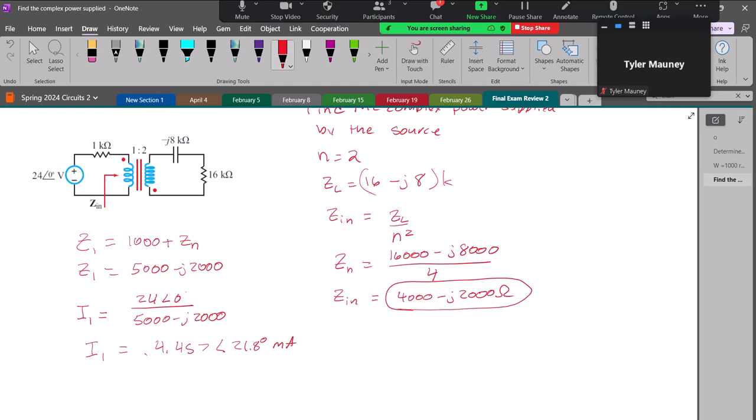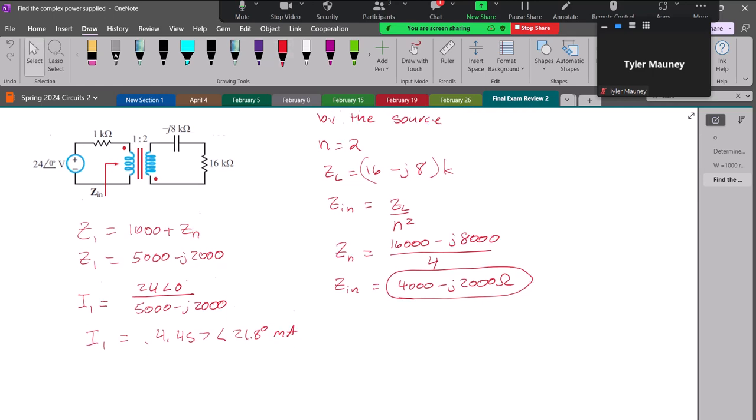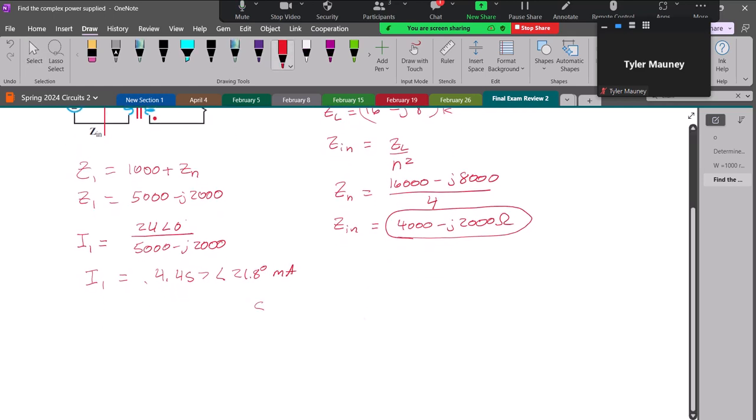And I'm supposed to be looking for the power supplied. I now have the current that's going through the voltage source. And so my power is going to be 1/2 V times I conjugate. So that'll be 1/2 times V, which is 24 angle 0, and I conjugate is 0.00445 angle negative 21.8 degrees.